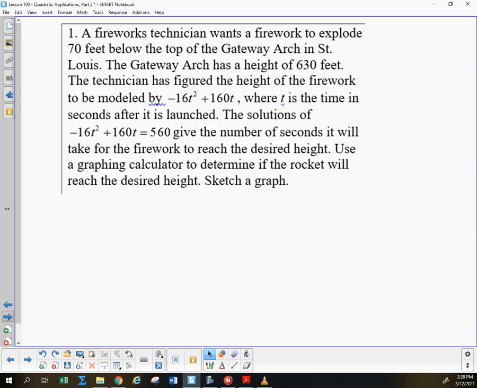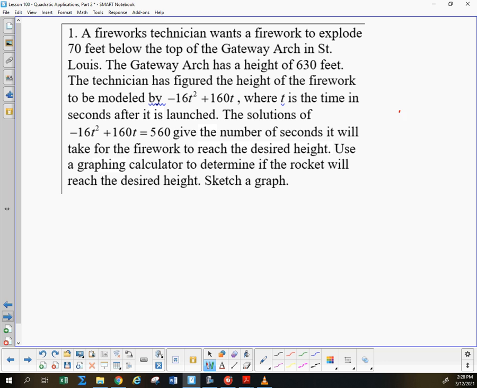The technician wants it to explode 70 feet below that, which means that we need to take that 630 and subtract the 70 from that.